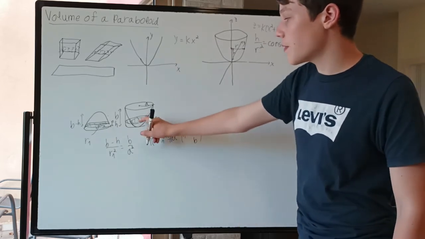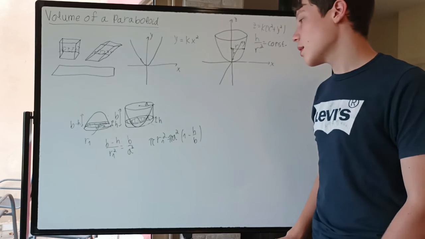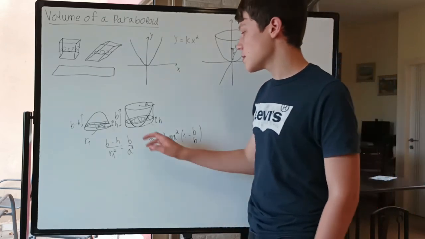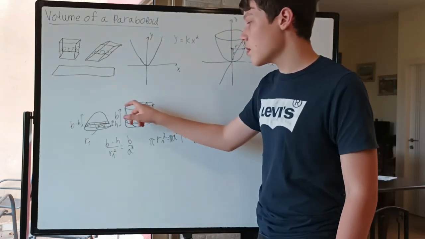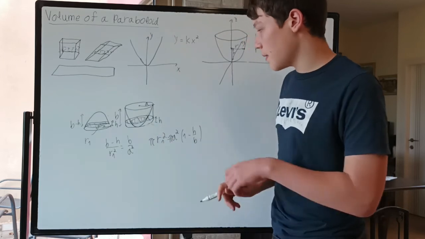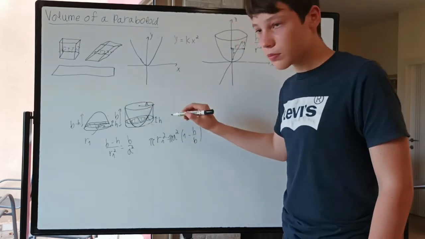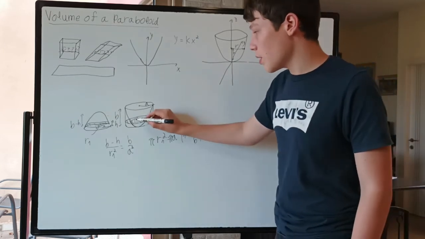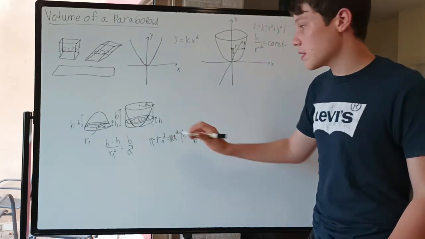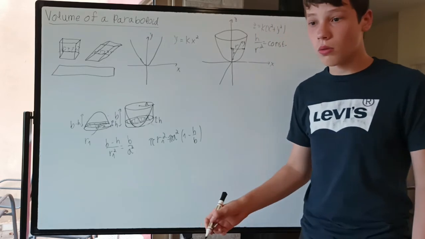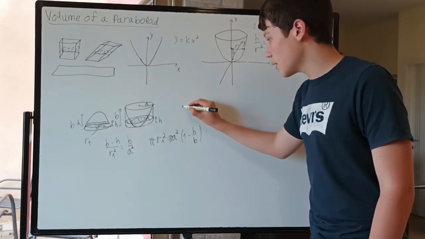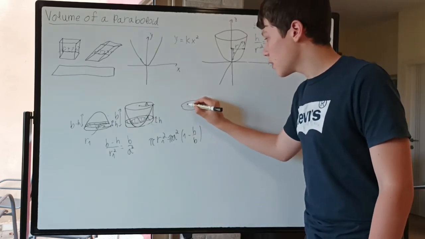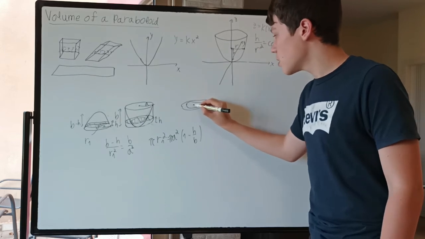Now let's find the area of this cross section. So to do that, we're going to take the entire area of the big circle, so the area of the cylinder, and then we're going to subtract the area of the cross section of this paraboloid. Since remember, it's a hole, right? So in actuality, this looks like this.